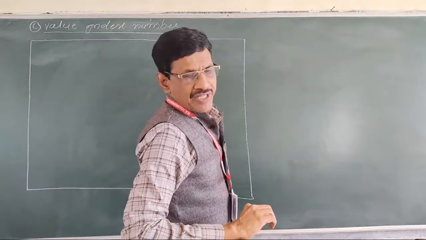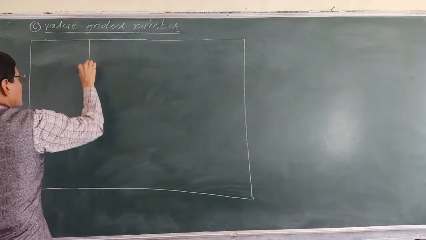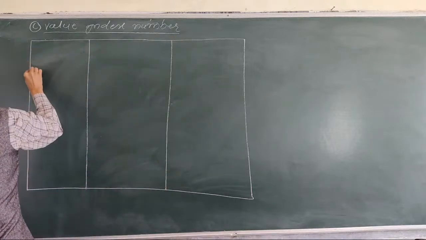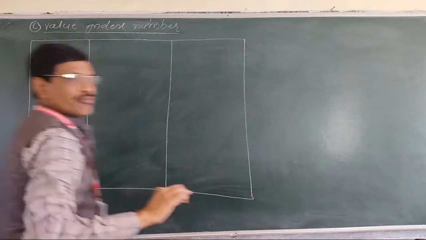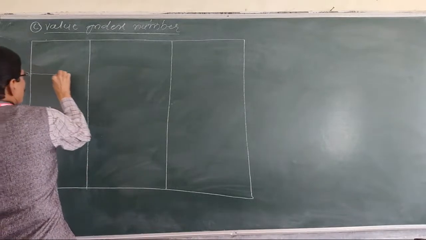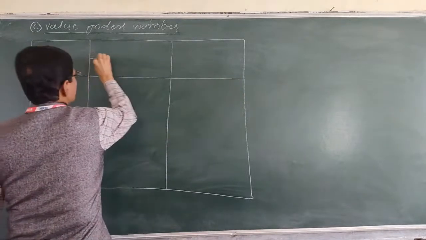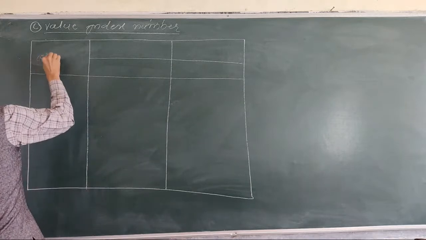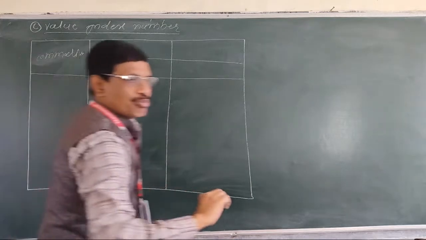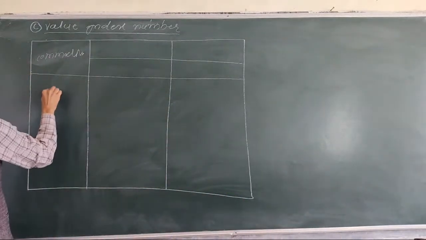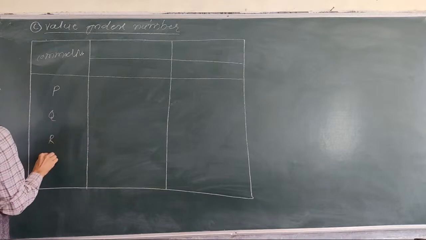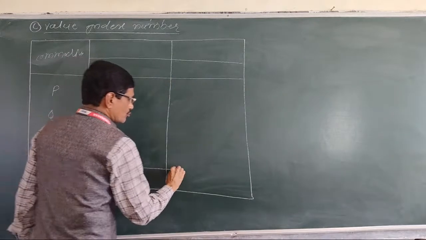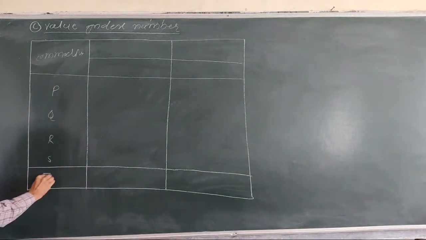There are mainly 3 columns. Commodities first: P, Q, R, S. The last column is total.